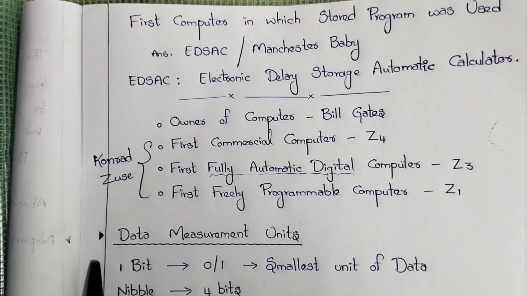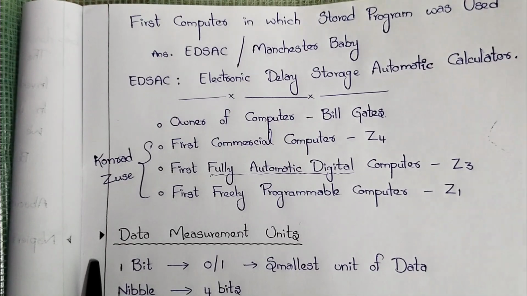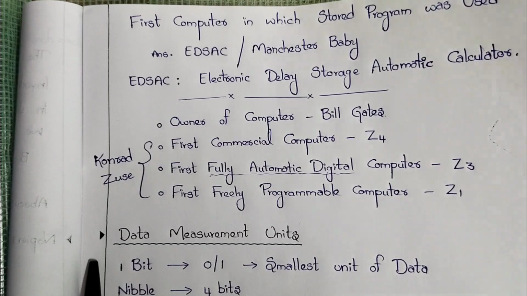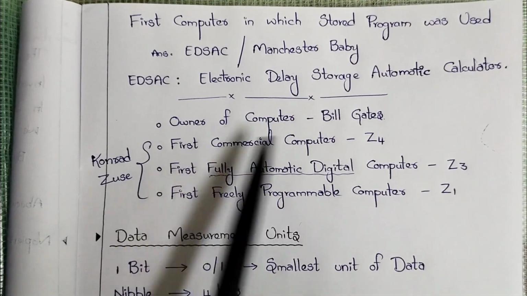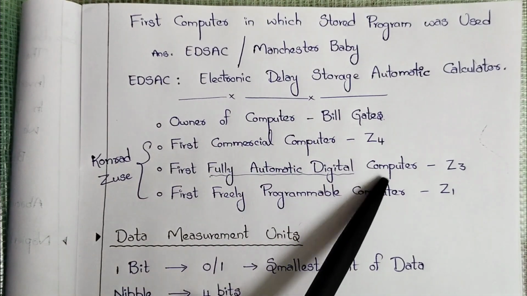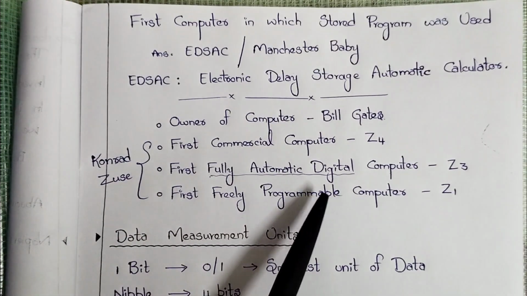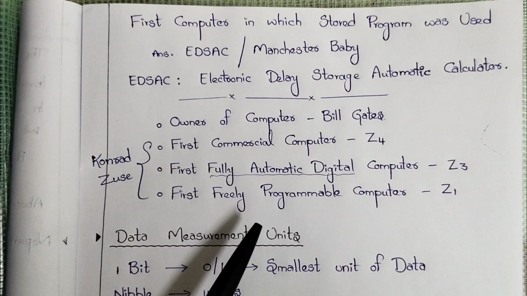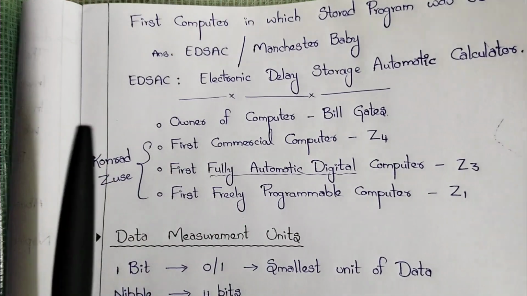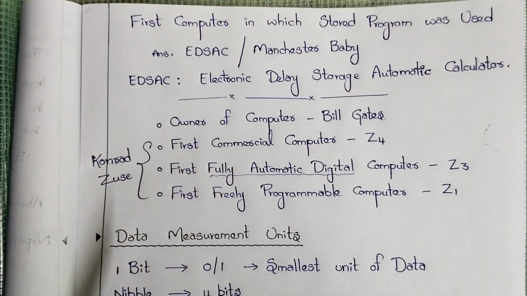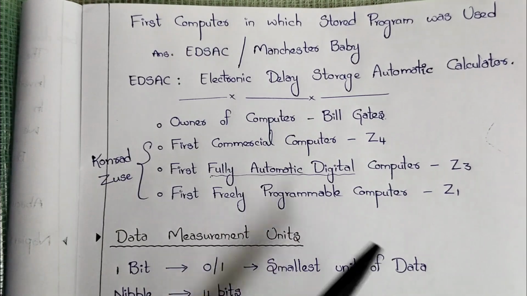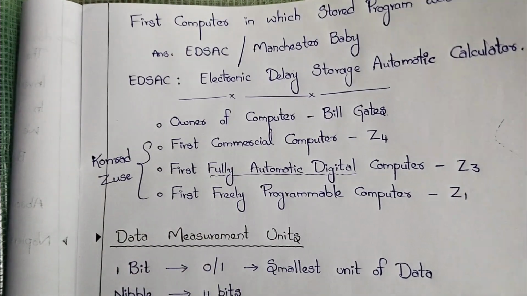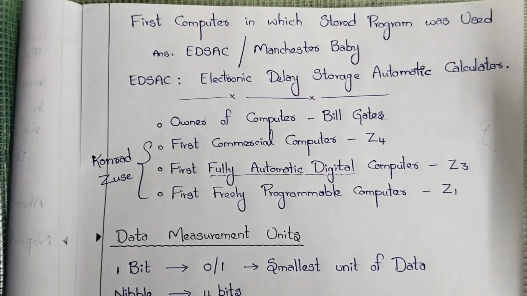We know who is the father of the first modern computer, and we know about the first commercial computers, first fully automatic digital computers, first freely programmable computer, and the father of computer architecture, father of personal computers, owner of computer, father of modern computer science. So do revise them. Now we are going to discuss the next topic.